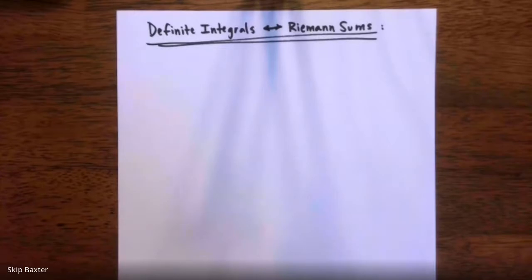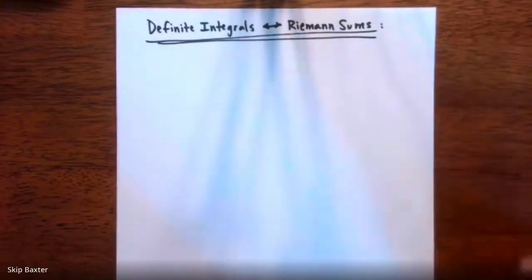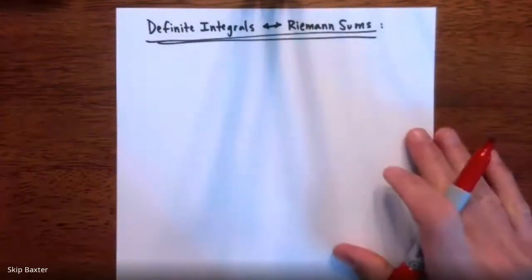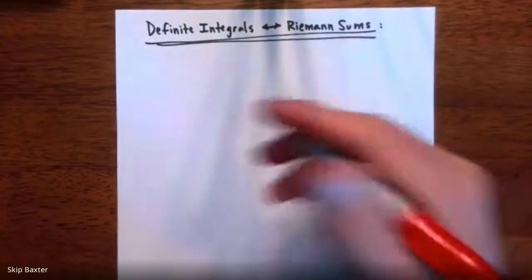Okay? In the meantime, today we're going to talk about going to and from definite integrals and Riemann sums. Okay, we talked the other day about writing a Riemann sum as a summation using the capital sigma notation. So we came up with something like this.